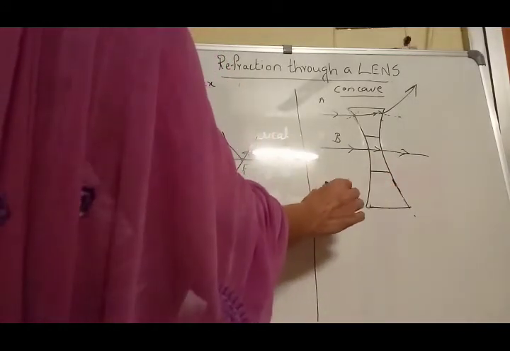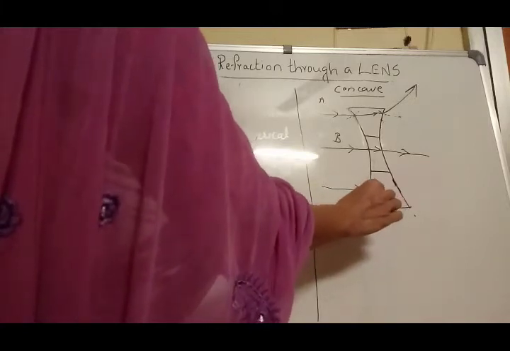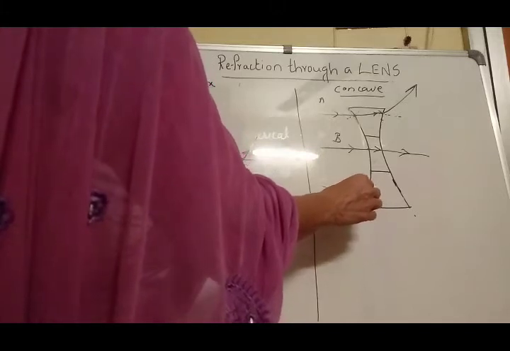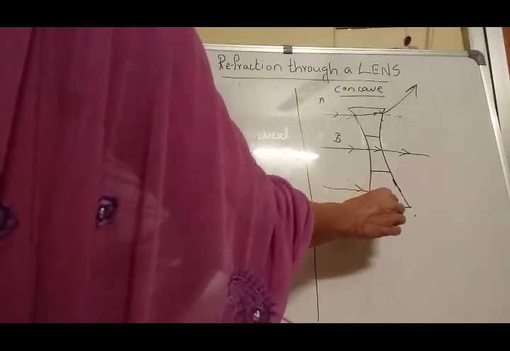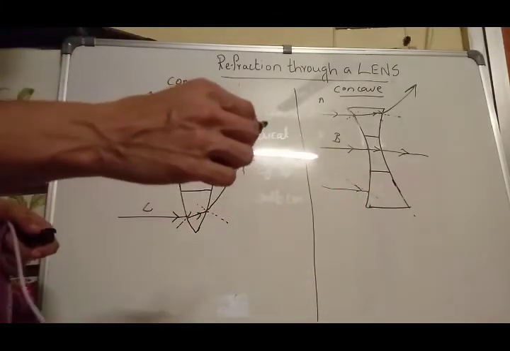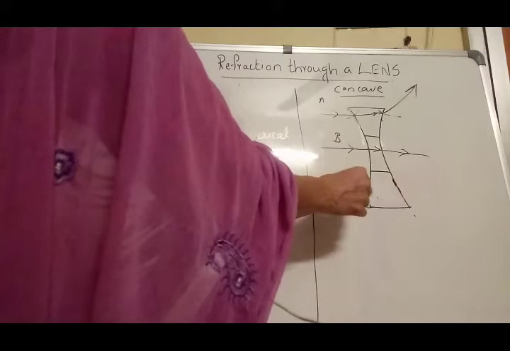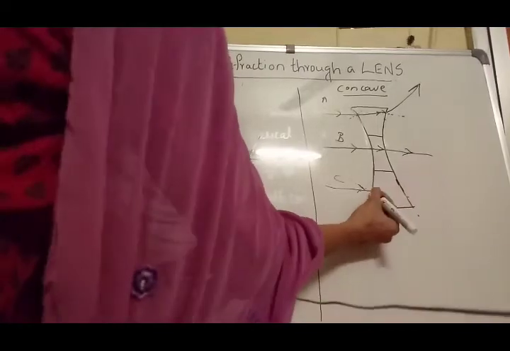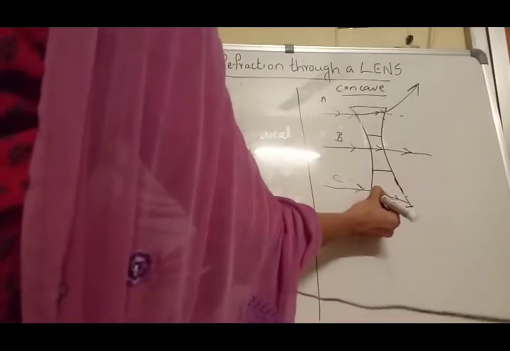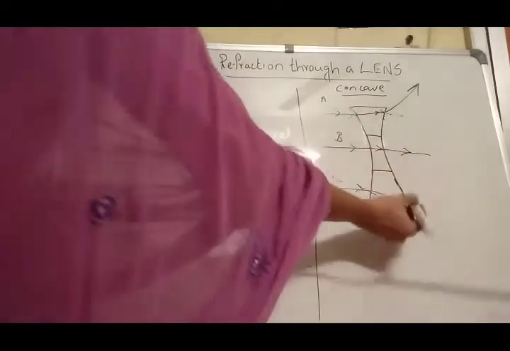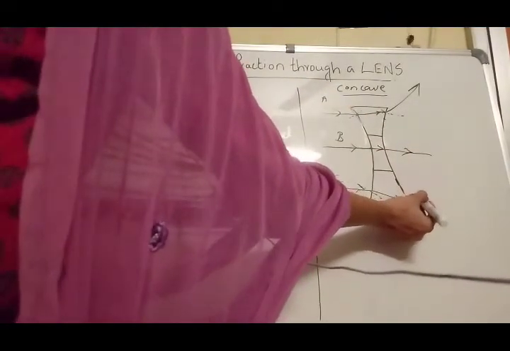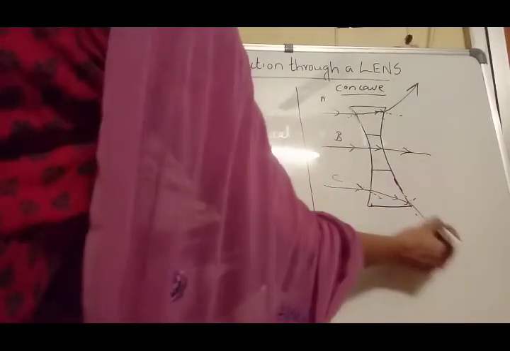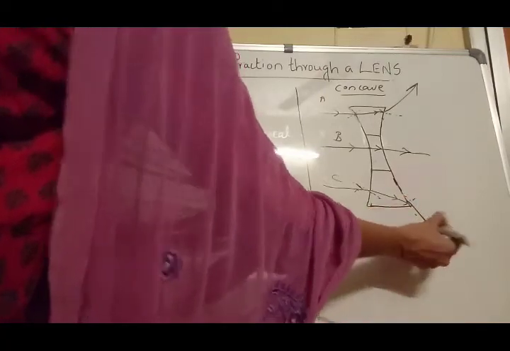This is the point of incidence, and this is the normal. When it is traveling from air to glass, it bends towards the normal, like this. Then again from glass to air, there will be a normal, and when it is traveling from glass to air, it bends away from the normal. So the outgoing ray will be like this.